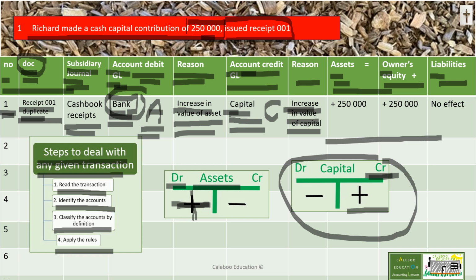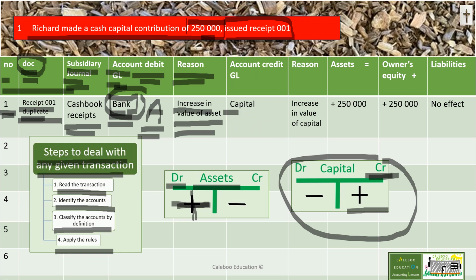Now the effect on the accounting equation. What happened to my bank balance? Let me rub this out quickly and make it a bit cleaner, neater. What happened to my bank balance, which is an asset, the business bank balance? It increased by 250,000, plus 250,000. What happened to owner's equity?